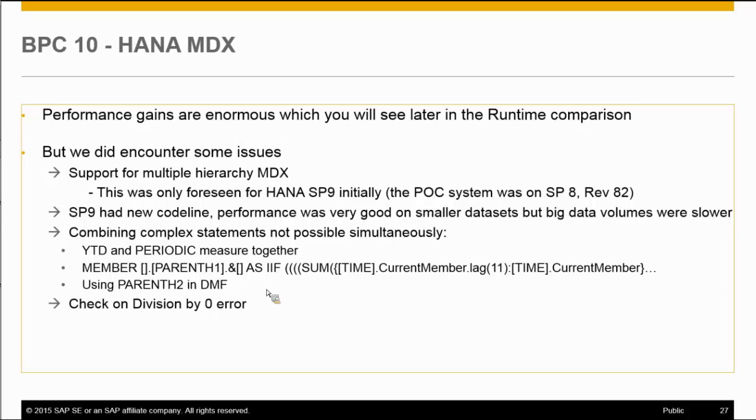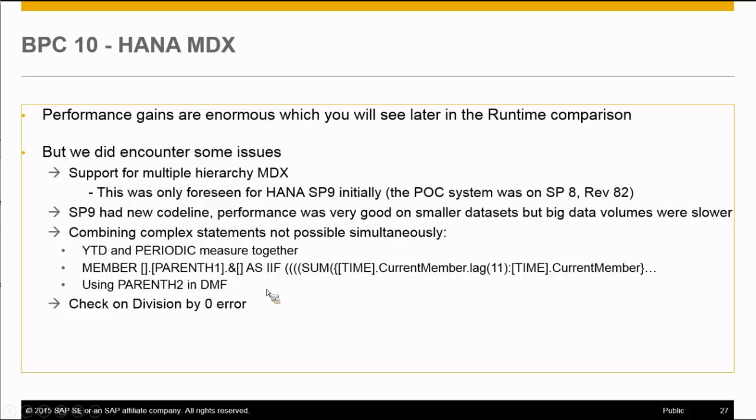But I'd like to clearly emphasize that all these bugs are fixed now, and like I said before, revision 97 is pretty stable to run BPC with HANA MDX enabled.